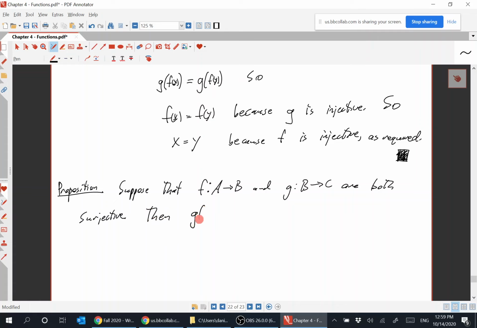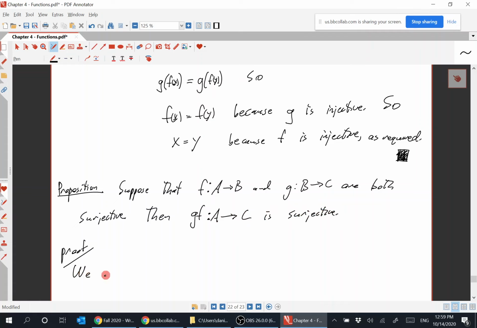Then g following f is surjective. Proof. What do we need to show? g following f, well, let's write the domain and range. Domain is A, range is C, is surjective.